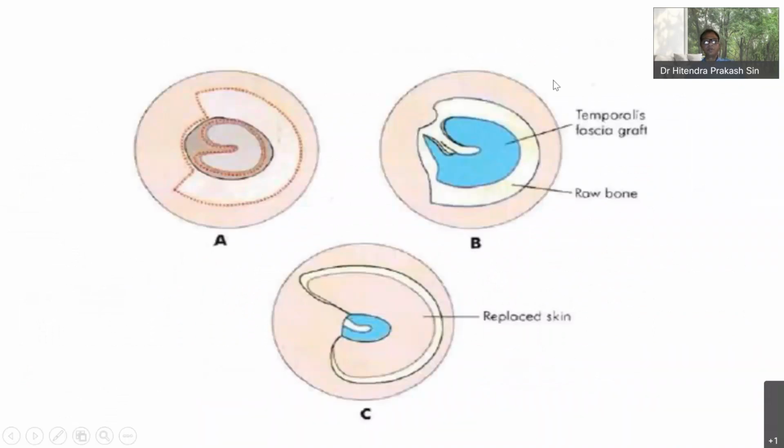See, this whole of this has been lifted up and put up in the superior direction. Let me just use my pointer.